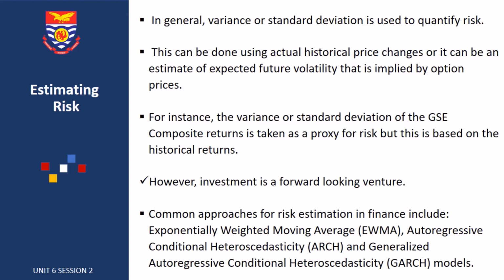The common approaches in finance which are used in estimating risk are the exponentially weighted moving average, which is simply EWMA, the autoregressive conditional heteroscedasticity or the ARCH model, and the generalized version of the ARCH model, or what we call the generalized autoregressive conditional heteroscedasticity. In our next session, we are going to consider these forward-looking estimation models for the risk of financial markets.